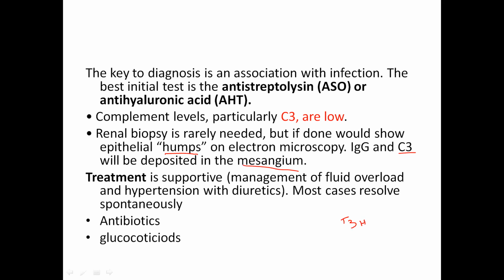For example, after throat infection or skin infection, antibody-antigen complexes deposit in the glomerulus and cause an inflammatory reaction that damages the glomerulus of the kidney.